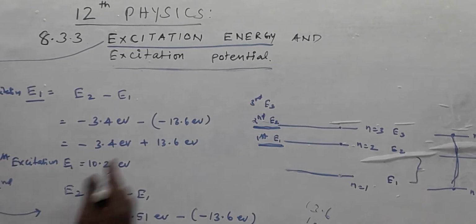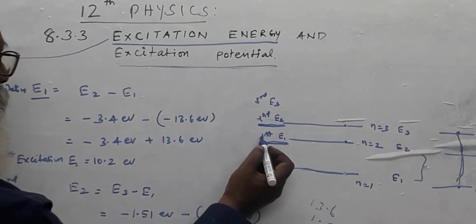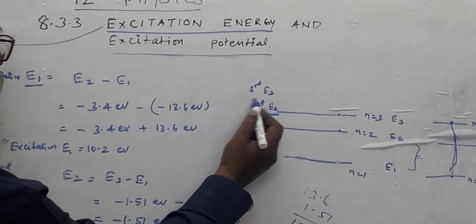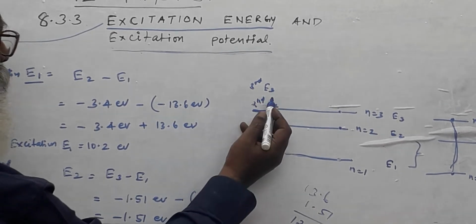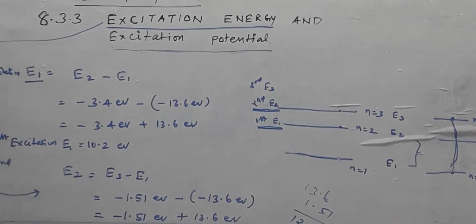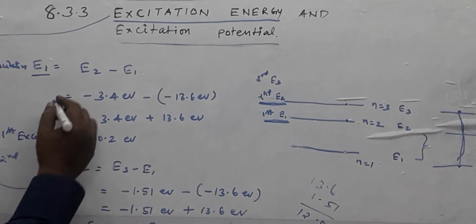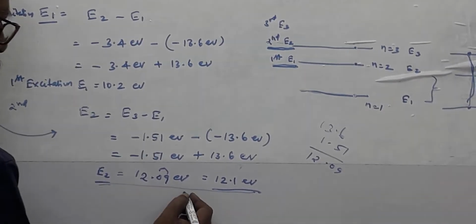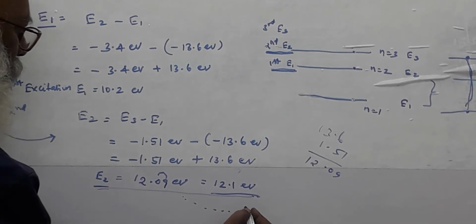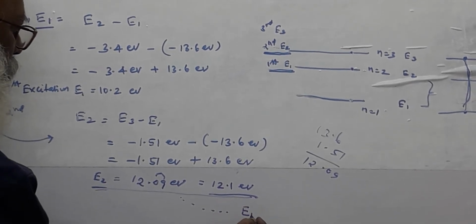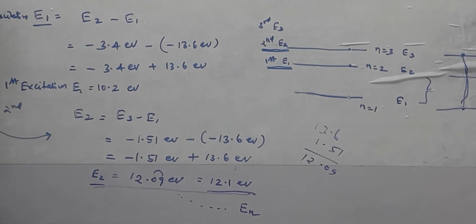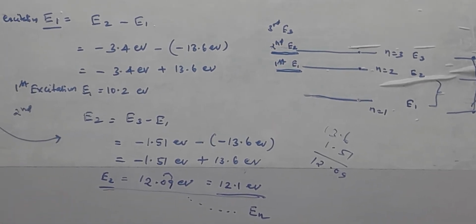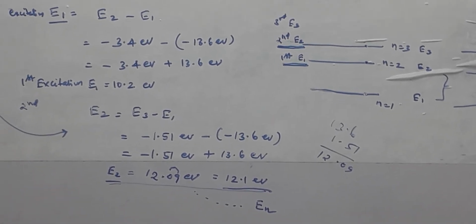But for excitation energy, first, second, third excitation energy, you have to calculate in this way. If you go on, you can find the value of the excitation energy of En like that. This is a very fundamental equation.